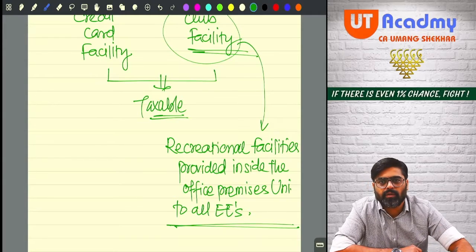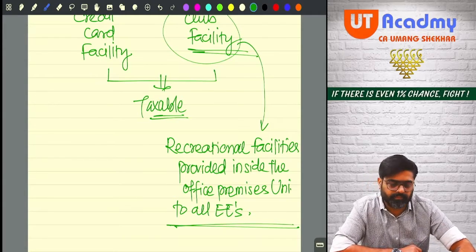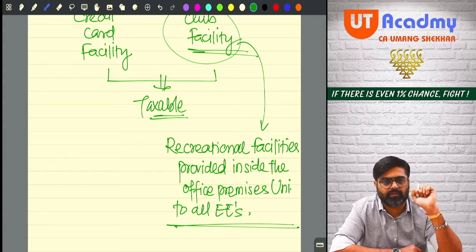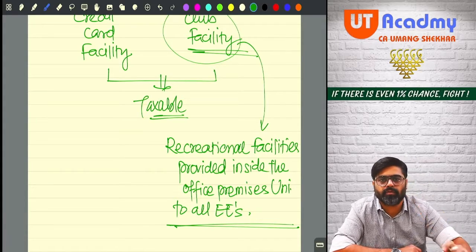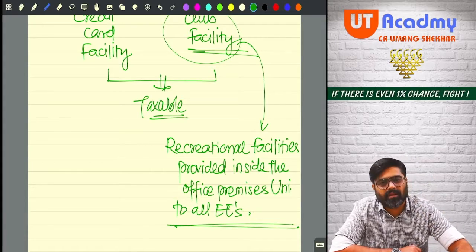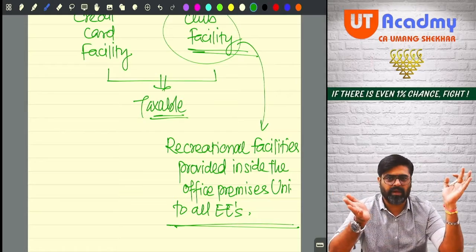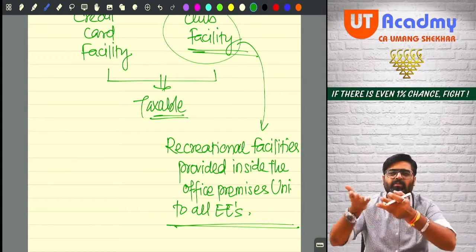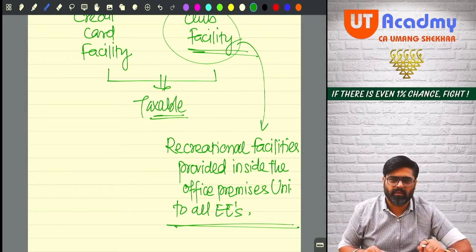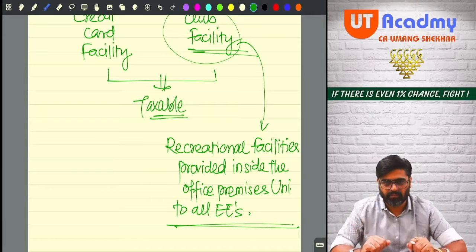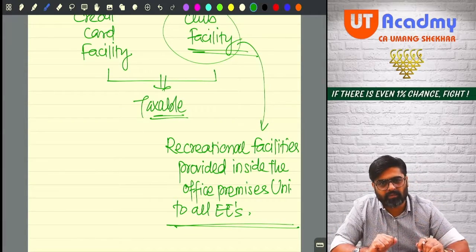Whenever these types of recreational facilities like carom board, etc. are provided in the office, the employer knows that the employee will be in the office only from early morning till late evening. So let him enjoy, let him play, let him recreate himself, let him get some entertainment.